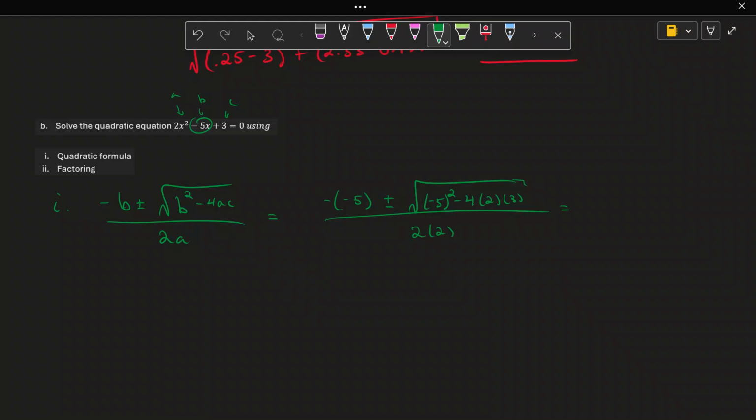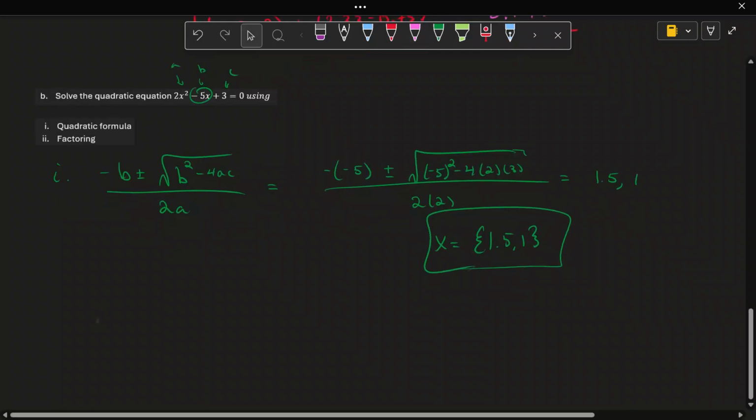Plugging this into your calculator, we find that it becomes 5 plus or minus the square root of 1, over 2 times 2. This gets you 1.5 on the positive side, and whenever you do minus, you get 1. So x can be either 1.5 or 1. These are the roots for your quadratic equation.